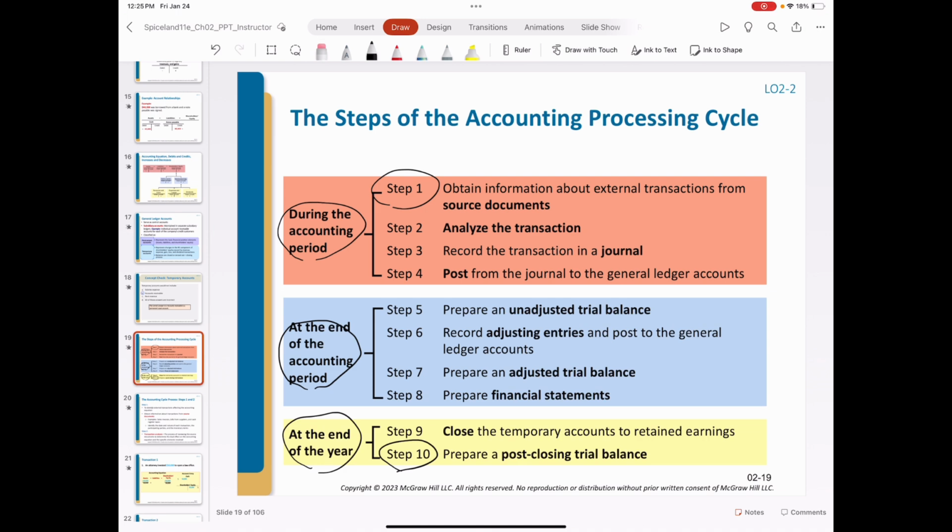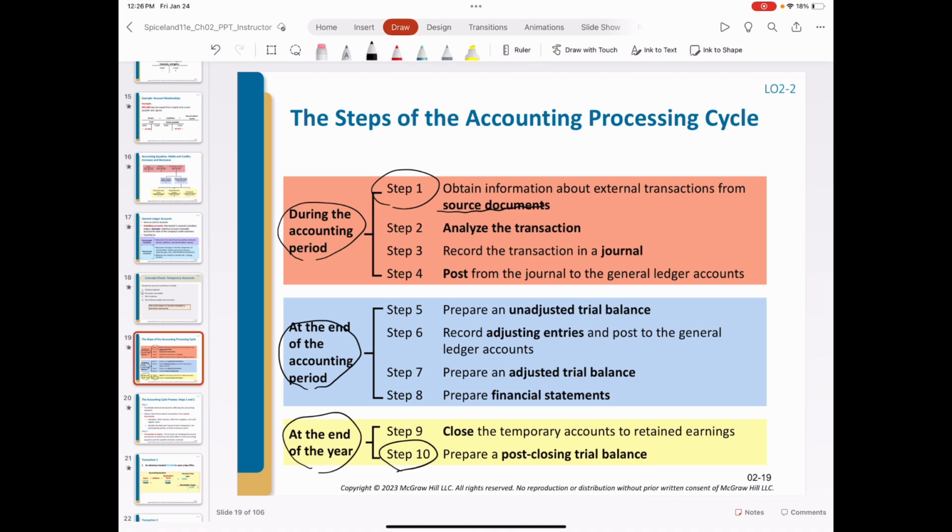First, the business should document all the transactions with external parties. These documents are raw material for accountants and inputs for the accounting processing cycle. These documents can be in the form of receipts, invoices, contracts, or agreements.